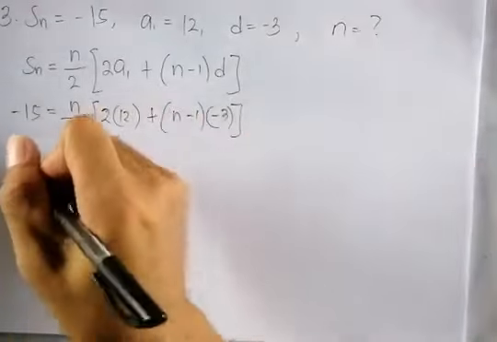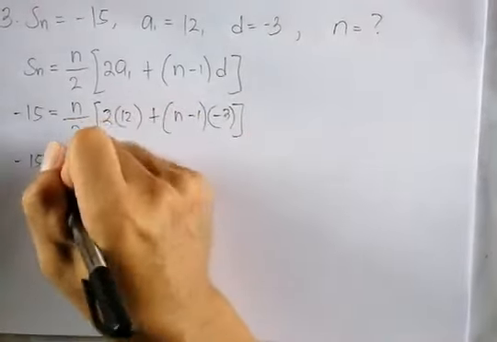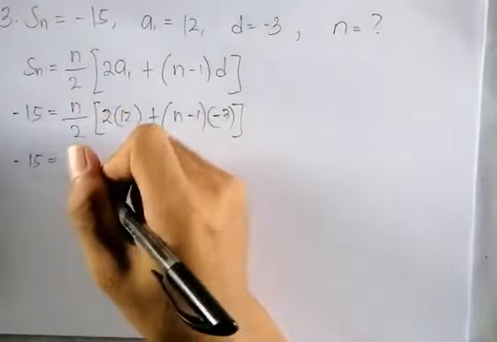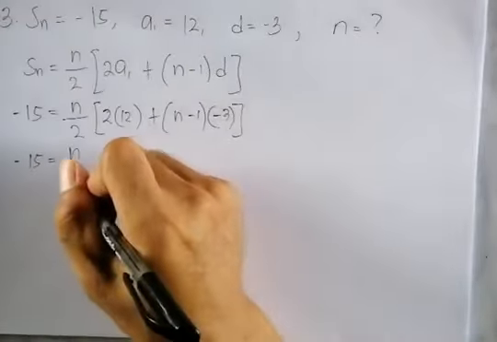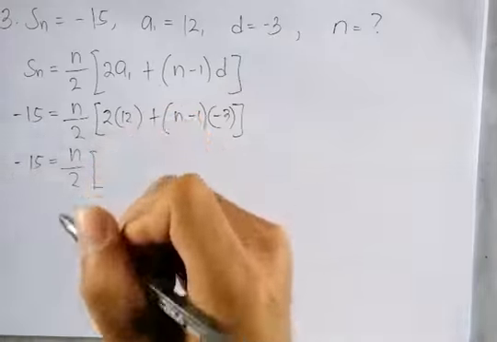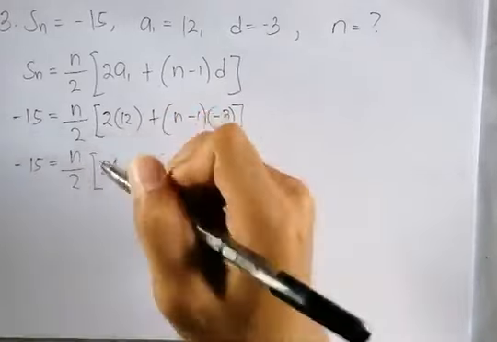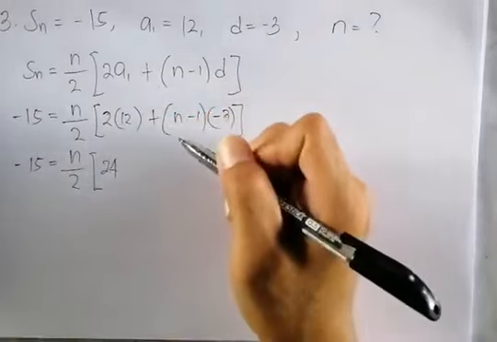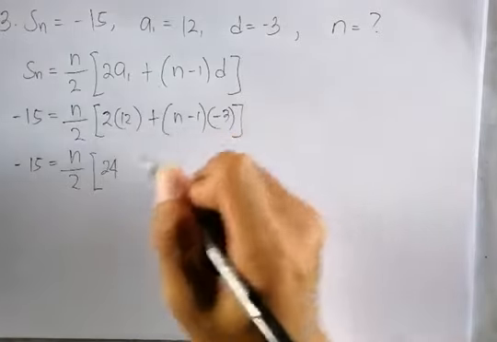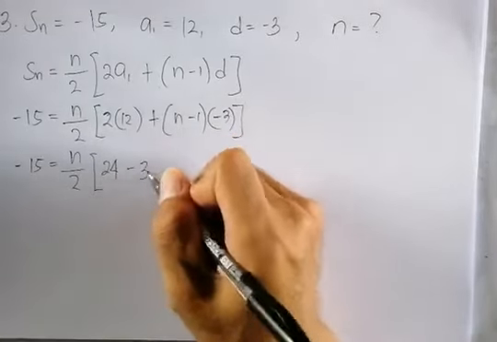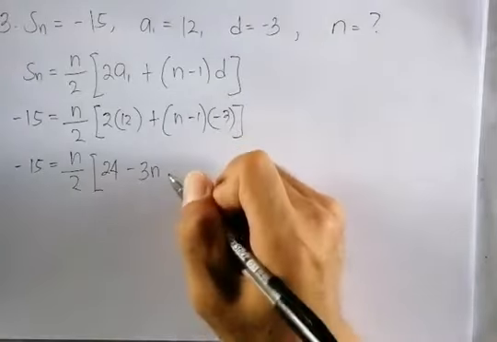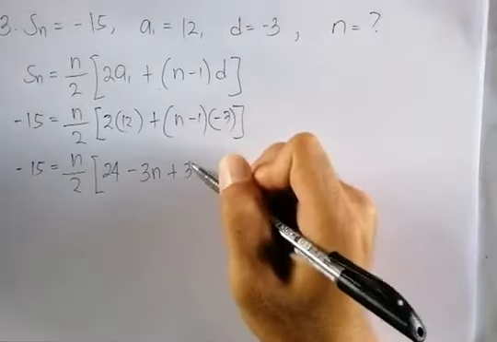So negative 15 is equal to n over 2 times, simplify, 2 times 12, that is 24, plus n times negative 3, that is negative 3n. Then negative 1 times negative 3, that is positive 3.